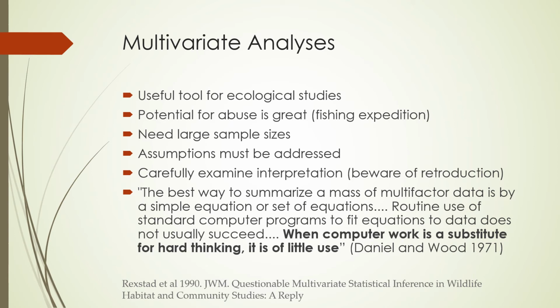They're sometimes referred to as fishing expeditions, where you just measure a whole bunch of things, throw them into analysis like it's a black box, and then look at what comes out the other end. If you do that, you're almost always going to get yourself in trouble. You really need to look at what's happening inside that black box to make sure there's not some really spurious effects going on. You also need very large sample sizes, as we've talked about. Those variables need to be normally distributed in most cases and meet the assumptions of equal variances among the groups.